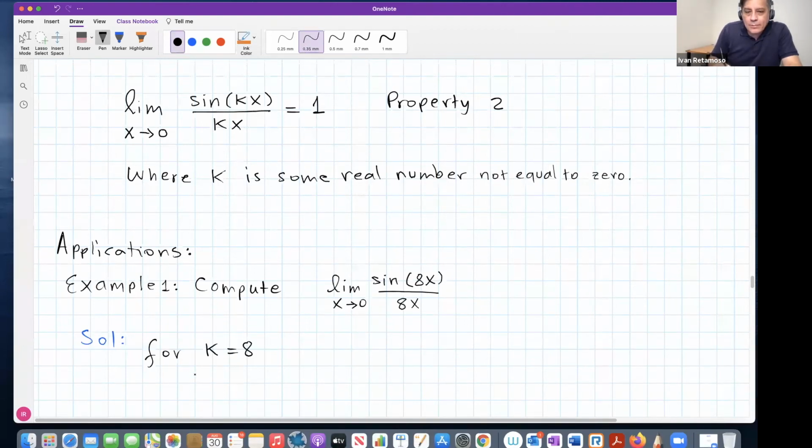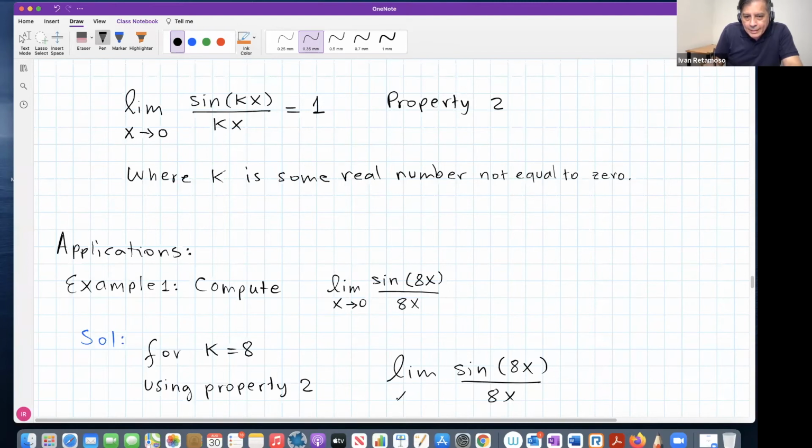Using property 2, the limit of sine of 8 times x over 8x as x approaches 0 should be just equal to 1. Again, 1. As long as these two match, this and this, this should be 1. Okay, property 2. Very good, guys.